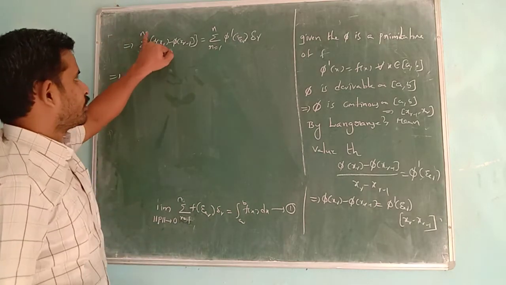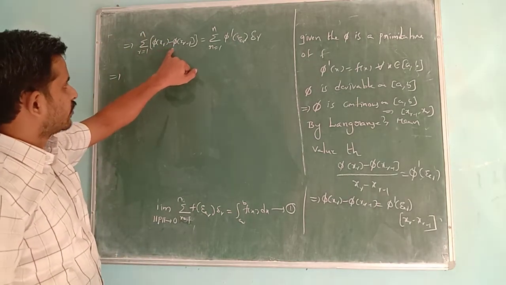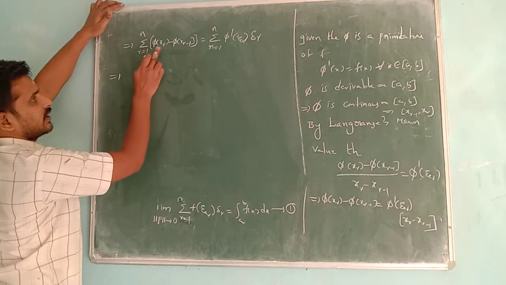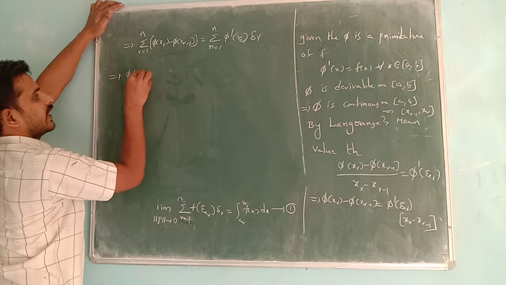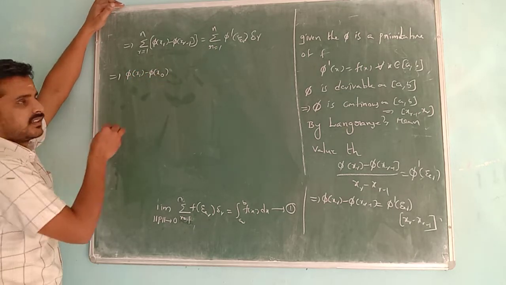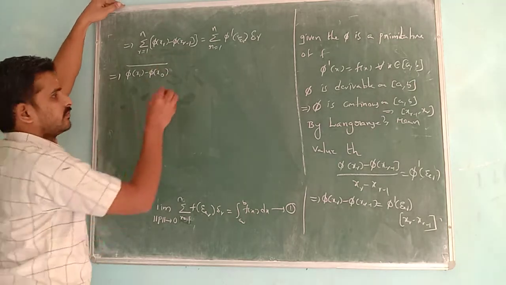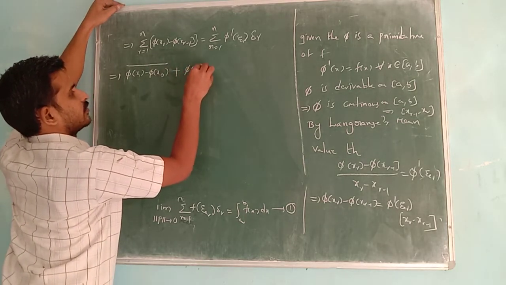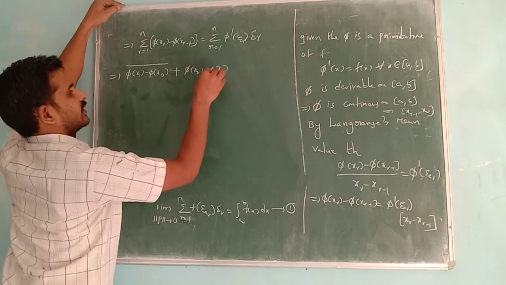Next, r running from 1 to n. We have to expand this sigma. For r equal to 1, phi(x1) - phi(x0) is the first term. Plus the second term, phi(x2) - phi(x1).